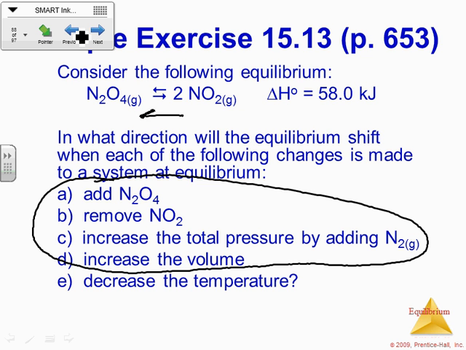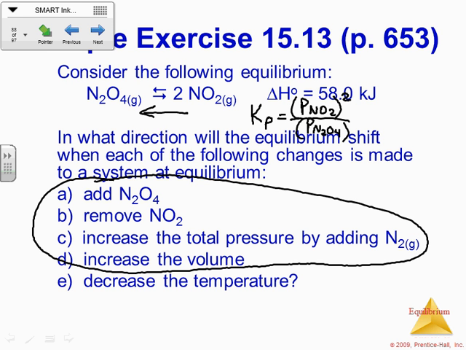Let's say that we decided the equilibrium was shifting, nope, I'm sorry. We decided the equilibrium was shifting, oh no, we did decide that, didn't we? I forgot which one we were talking about. So we decided the equilibrium shifts to the left. If I wrote the equilibrium expression for this one, it's the pressure of the NO2 squared over the pressure of the N2O4.